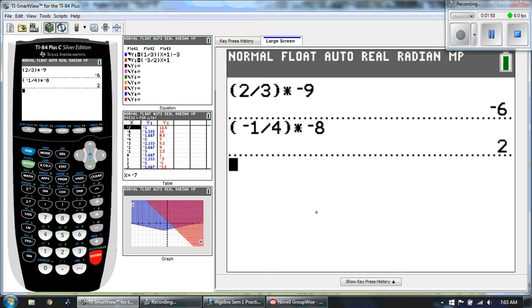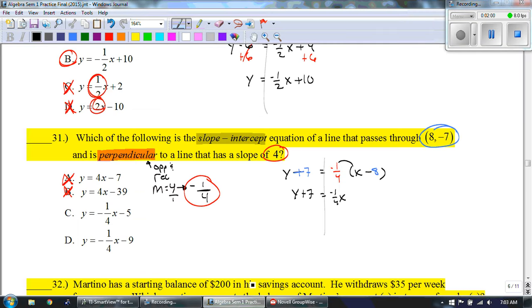A negative times a negative is a positive. 1/4 of 8 is 2. And then to get the y by itself, we subtract 7 from both sides, and we get that y equals -1/4 x minus 5, which is C.